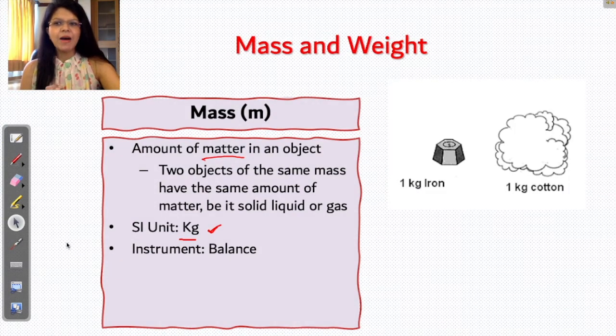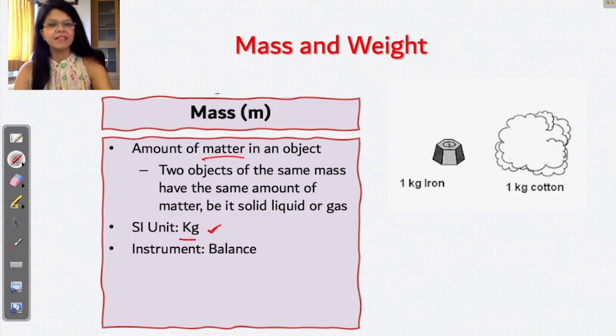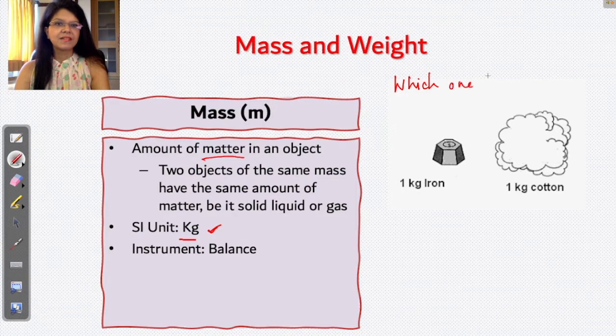Let us now answer this question. You have 1 kg of iron, you have 1 kg of cotton. Which has more mass?